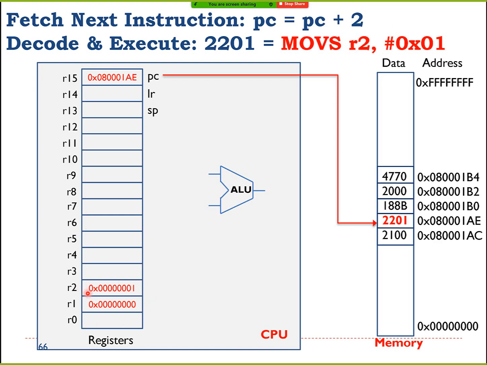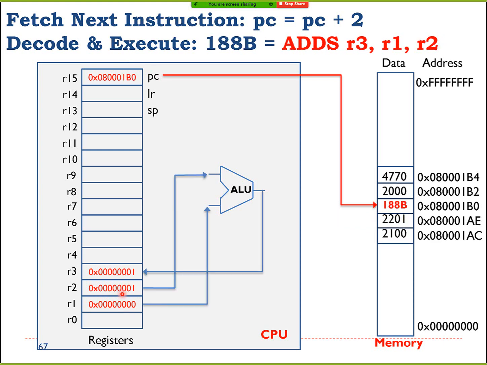So I will be moving 1 to R2. Now I execute it as well, so decode and execute. Now my register R1 has 0, R2 has 1. Now I will be increasing my program counter, right? So my address has increased. As you see, it is now pointing to 1B0, and my next instruction is 188B. If I decode 188B, it means you need to add R1 and R2 and then store the result in R3.